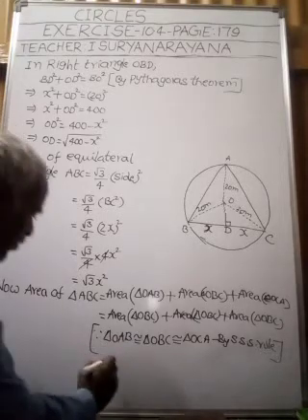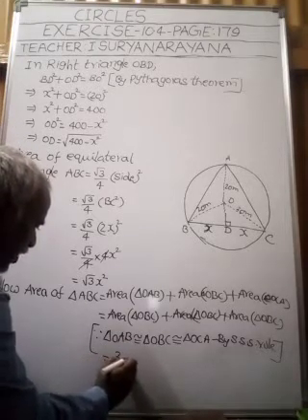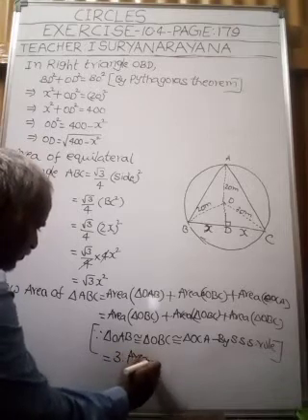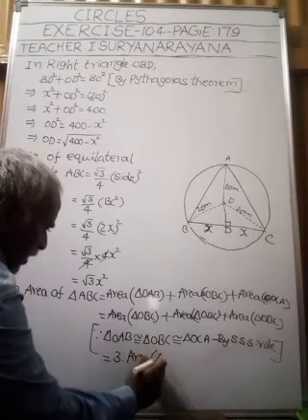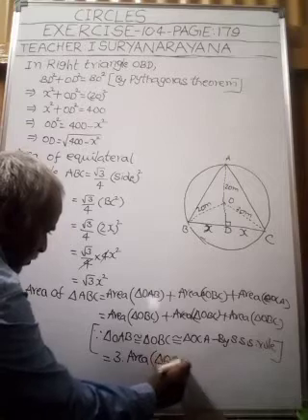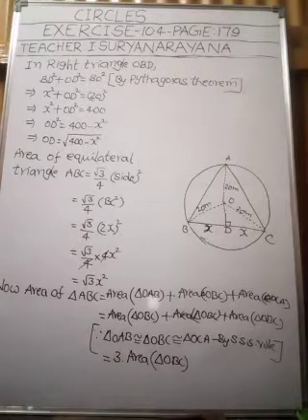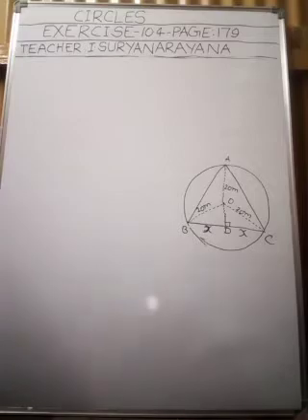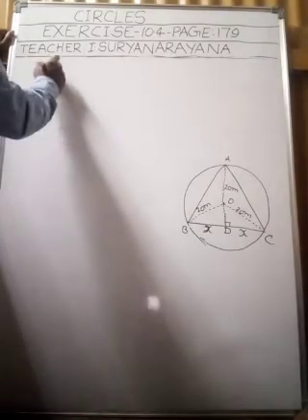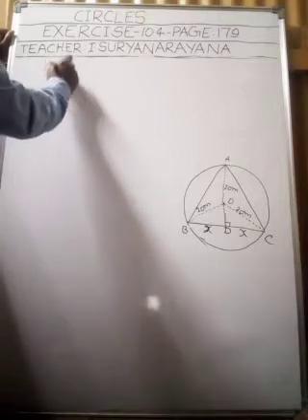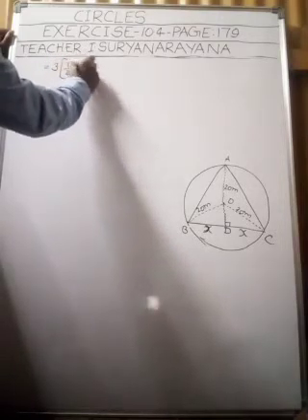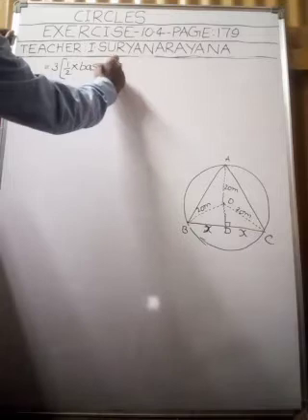Right. That is equal to 3 into area of triangle OBC. Okay, my children, understood this step? Right. Now let us find the area of triangle OBC. That is equal to 3 into half into base into height.